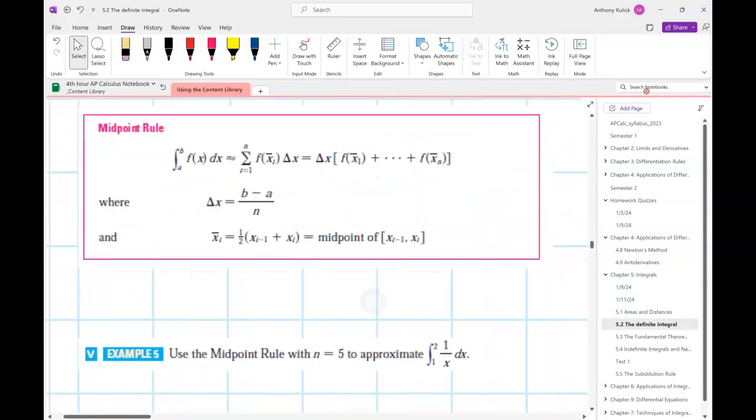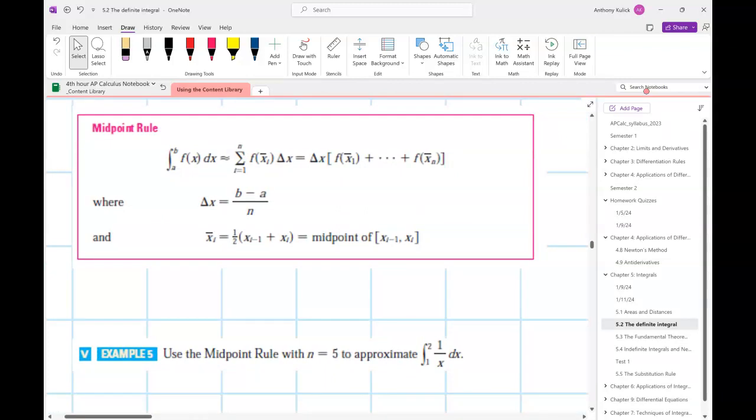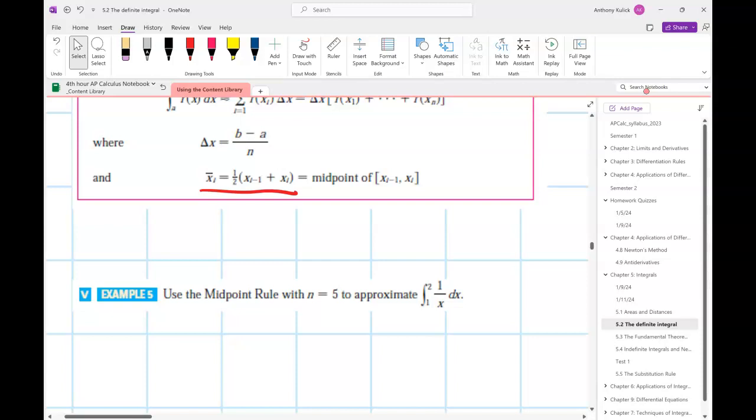All right. So remember, we had done left endpoints and right endpoints for our rectangles. Here it's giving us a formula if you want to do midpoints. So the only difference here is just the way we calculate our xi's, as it's the midpoint of xi minus 1 and xi. The middle value between those.